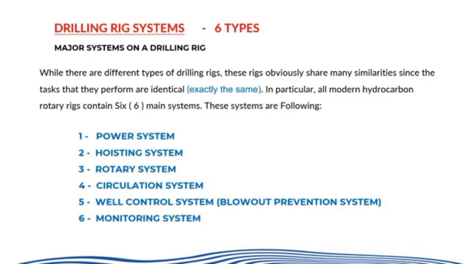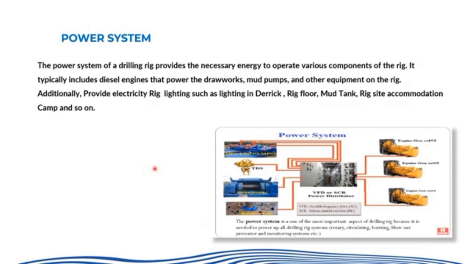So, number one, we have the power system. What exactly is the power system? The power system is nothing but providing electrical energy to all the equipment on the rig to run the operation. The power system of a drilling rig provides the necessary energy to operate various components of the rig.